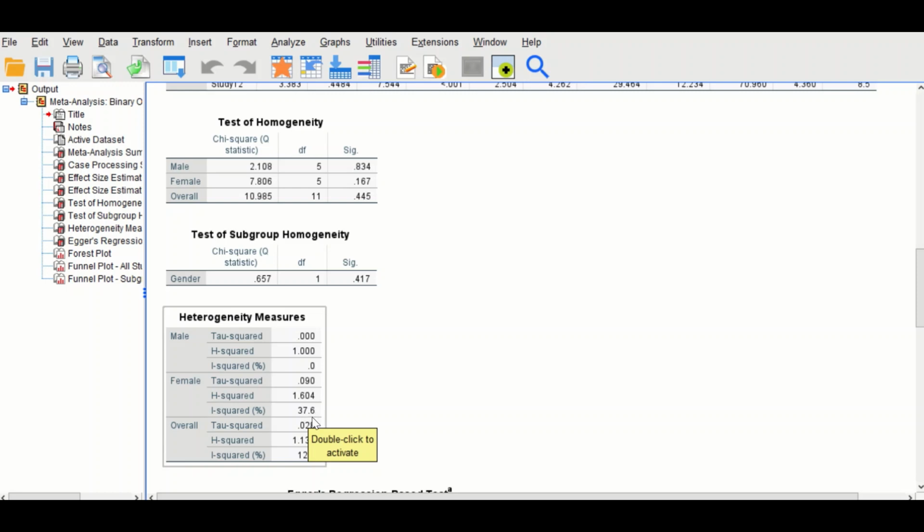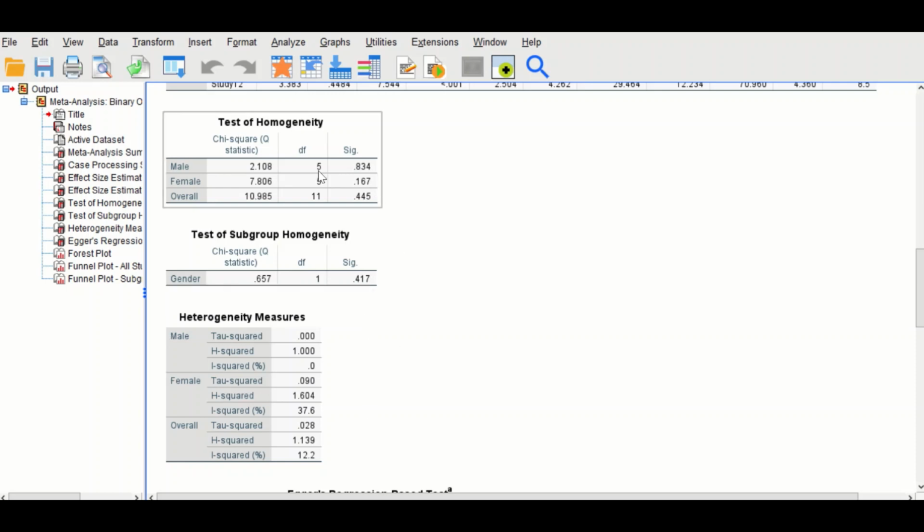Here the 37.6 shows that there is a certain level of heterogeneity among the studies for females, and also as shown here, an overall I-squared for the gender is also given, which is 12.2%, which is a low level of heterogeneity, and also a test of subgroup homogeneity for the gender is given here, and it shows that that is higher than 0.05.